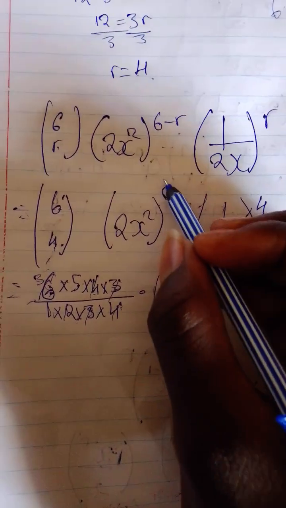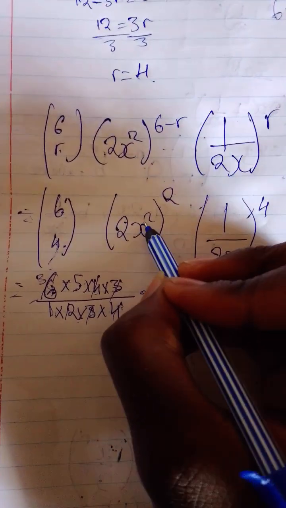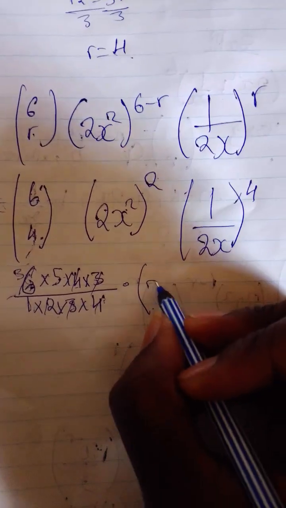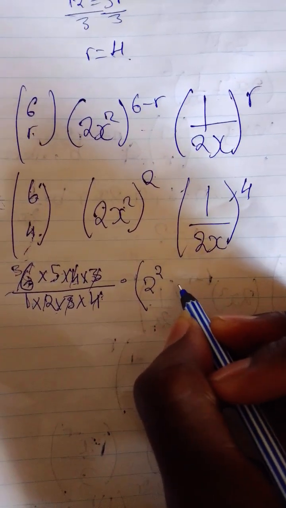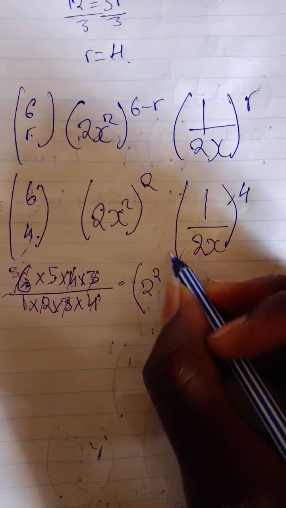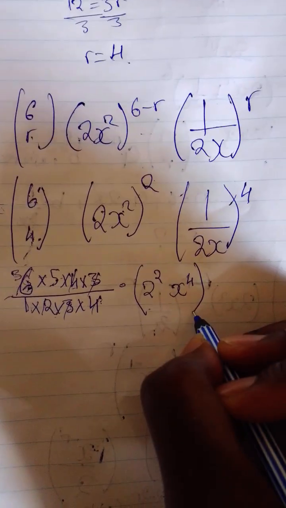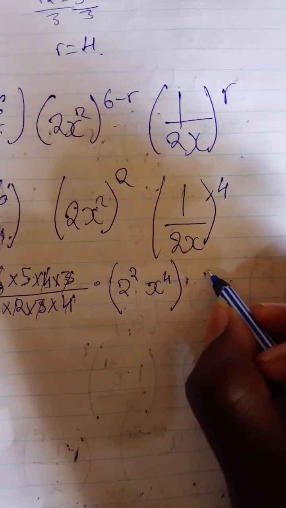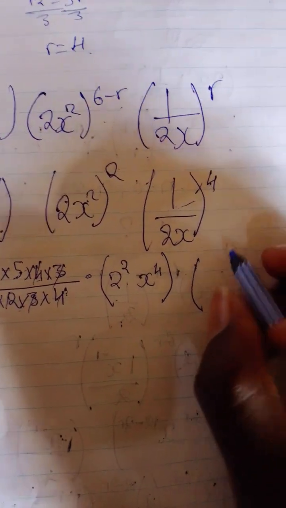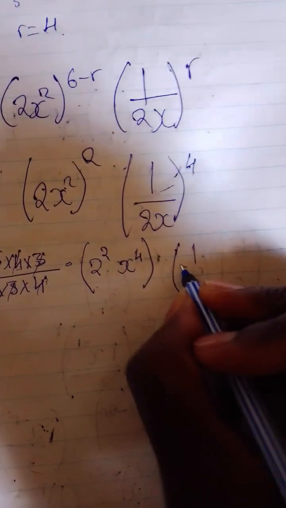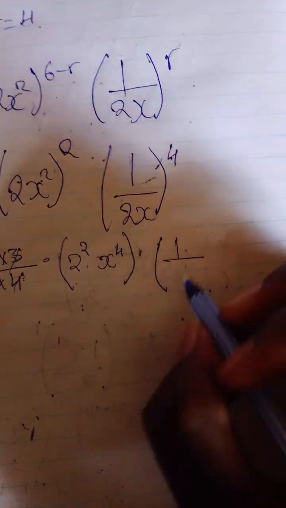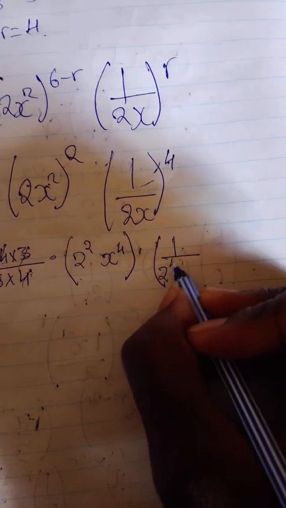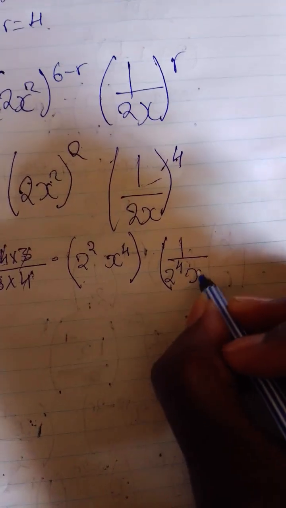So this power is for this one and this one, so it will be 2 power 2 and then x power 4, right? And then 1 power 4 is what? It's just 1. So this will be 1 over 2 power 4, and then this is x power 4.